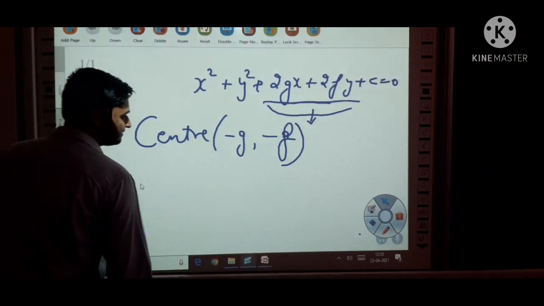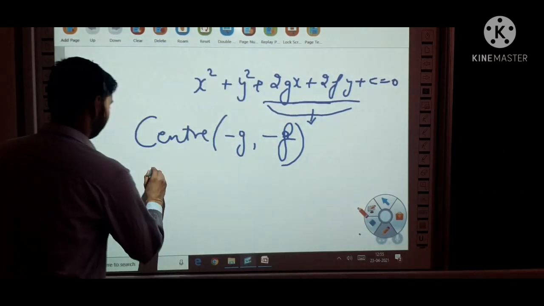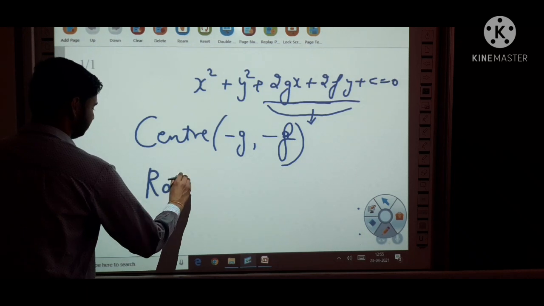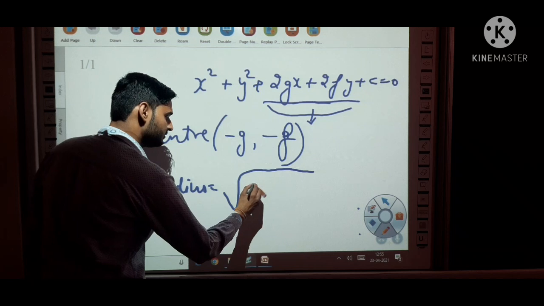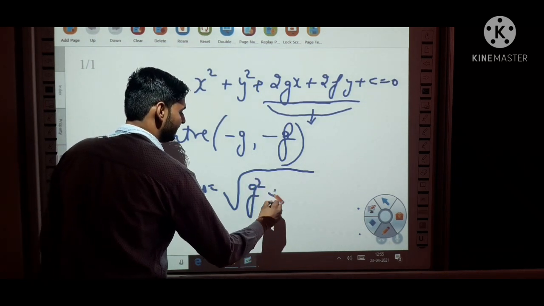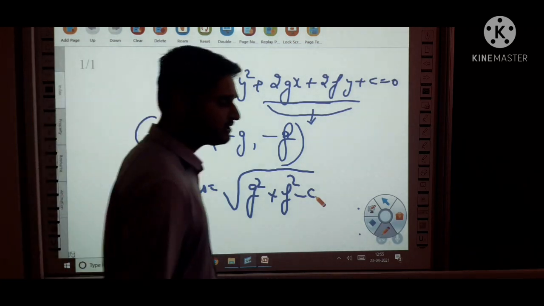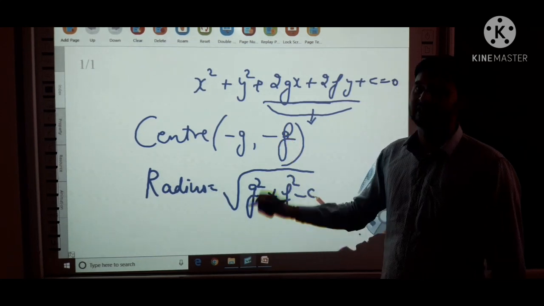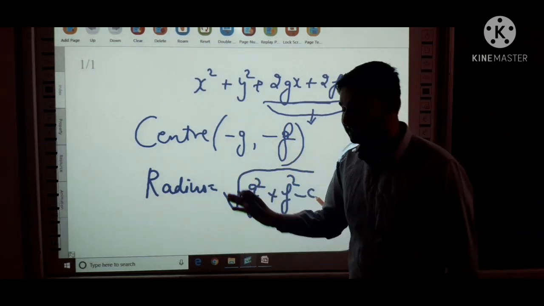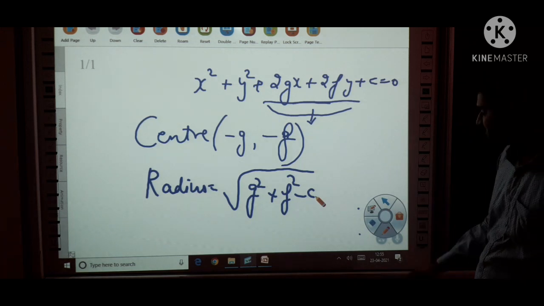The value of radius is the square root of g square plus f square minus c. So the coordinates of center are minus g and minus f, and the radius of that circle is under the root g square plus f square minus c.